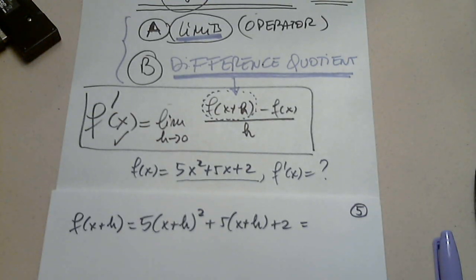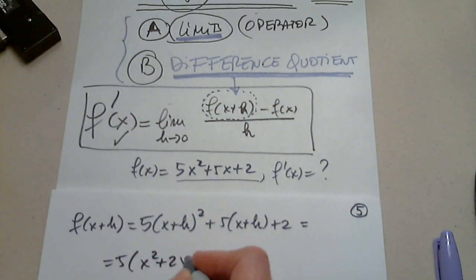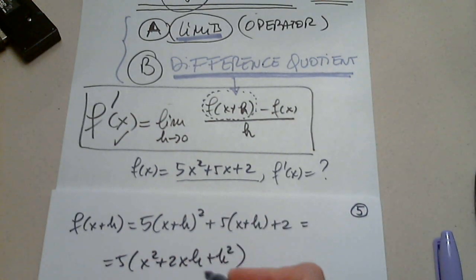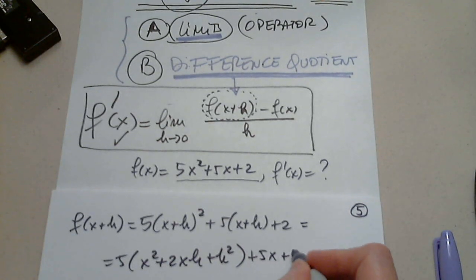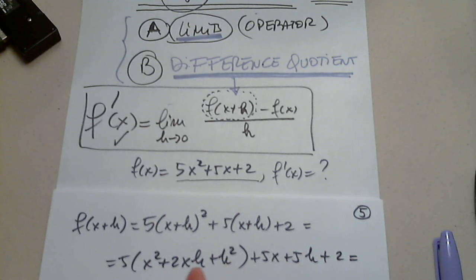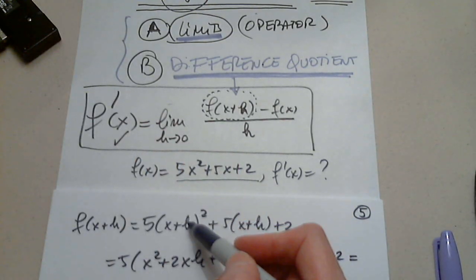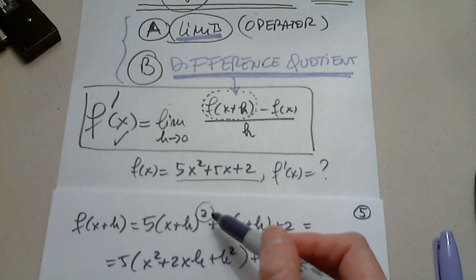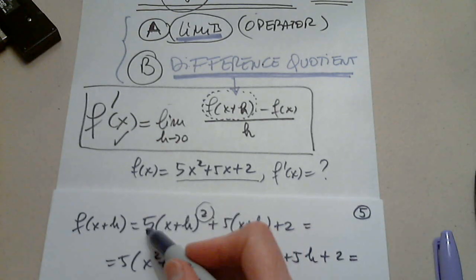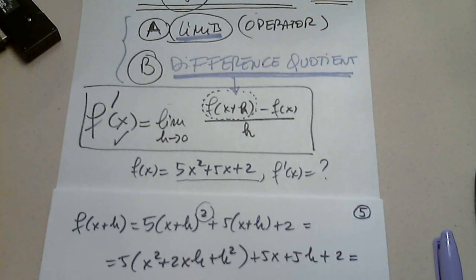X squared plus 2xh plus h squared. Excellent. You guys are good. You make me very proud. And now we have to distribute. Please understand, do not try to distribute first. You have to square by the order of operations and then distribute the 5. I know it's tempting.